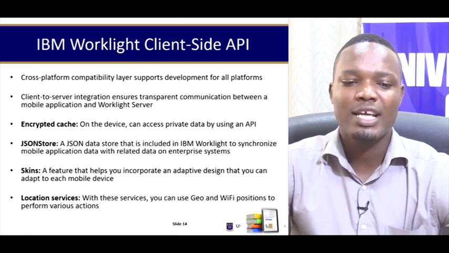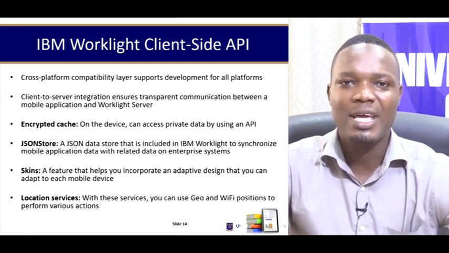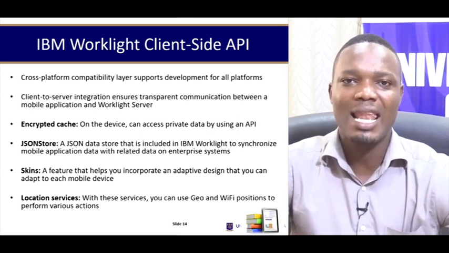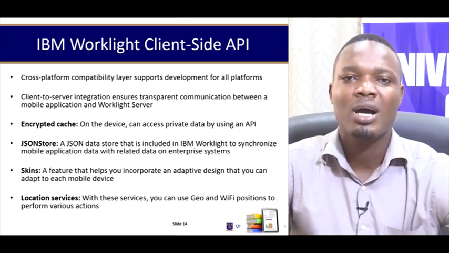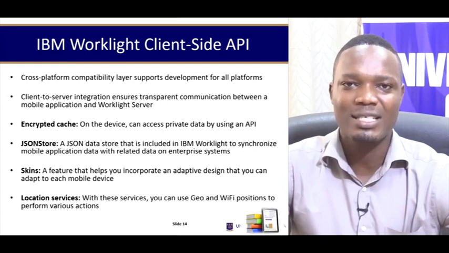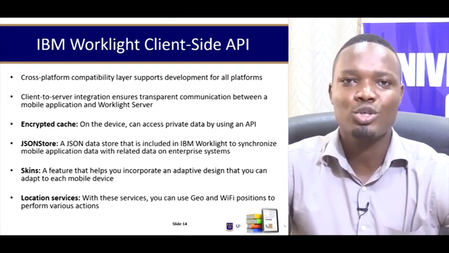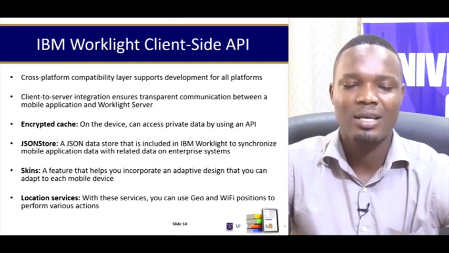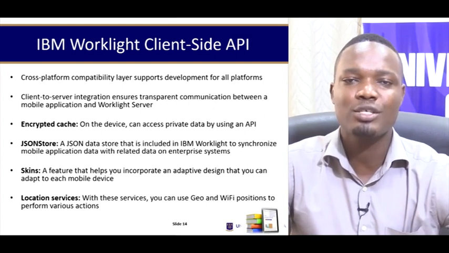We'll also explore the IBM Worklight Client-Side API. Now, the API are a set of instructions that allows us to talk to the device-specific functions or access device-specific functions. We'll also be looking throughout this course, talking about the encrypted cache. We'll also talk about the JSON store.